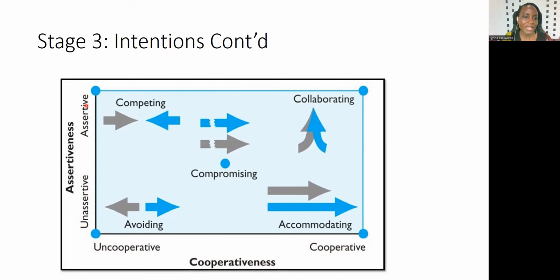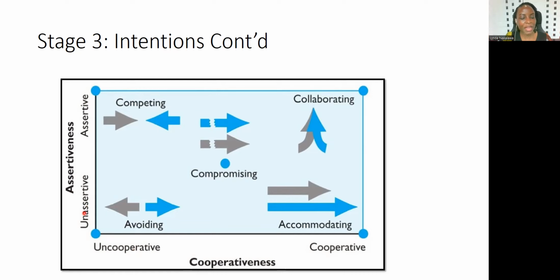So when assertiveness is high, I am high on pushing my own agenda, and cooperativeness is low, I am very uncooperative. Assertive and uncooperative, we have people that are competing. Their intention is to compete. When assertiveness is low, I am unassertive. I am not all about pushing my own agenda.